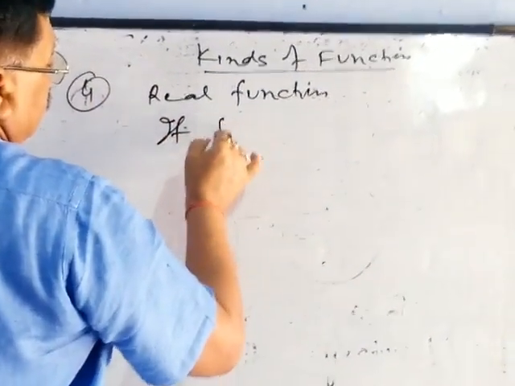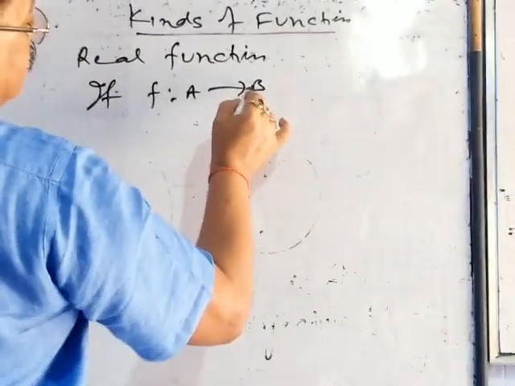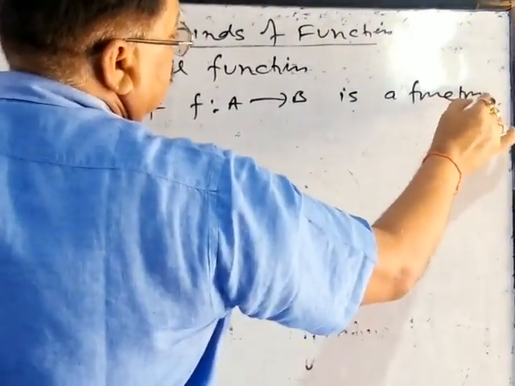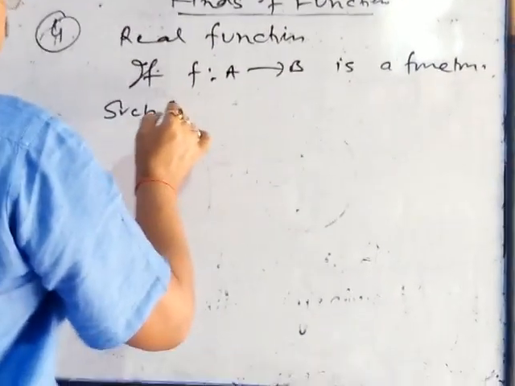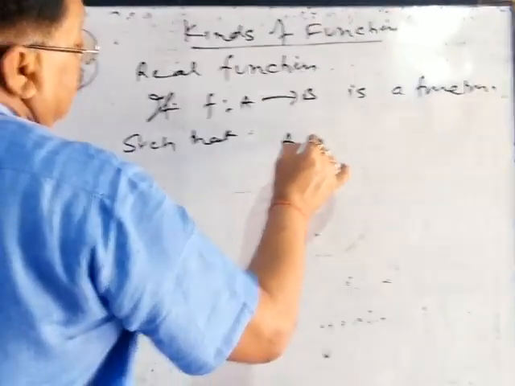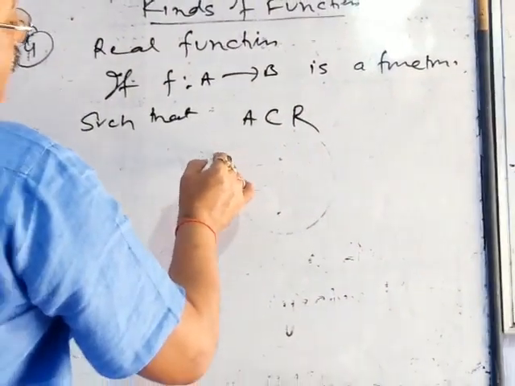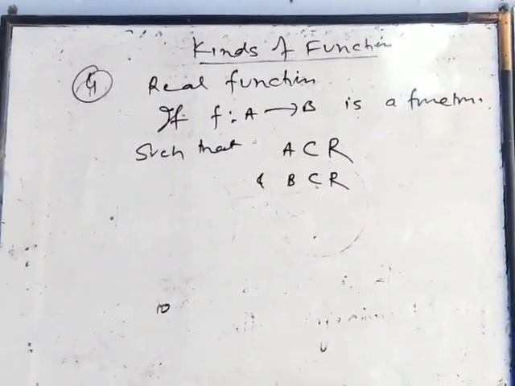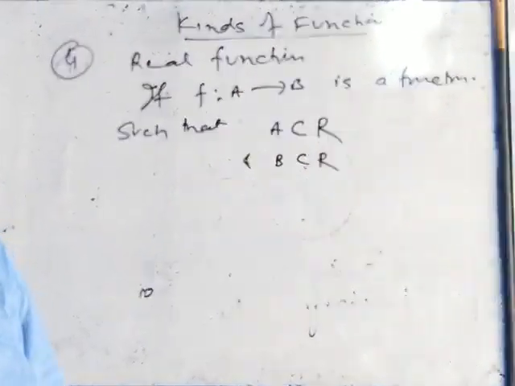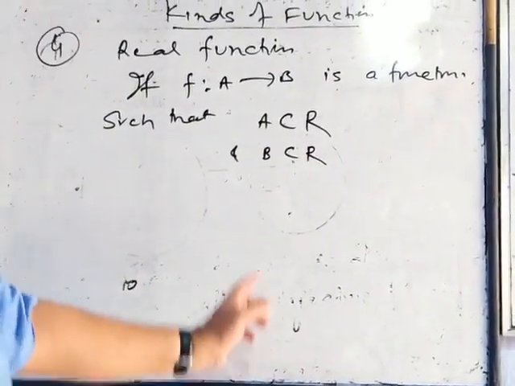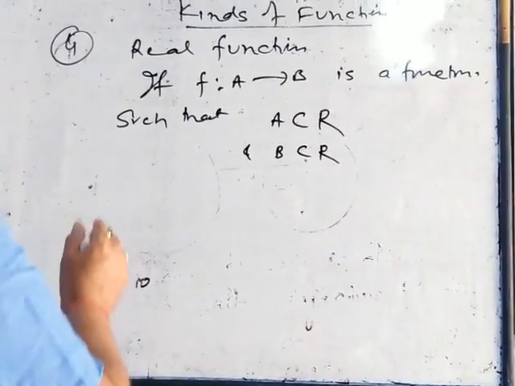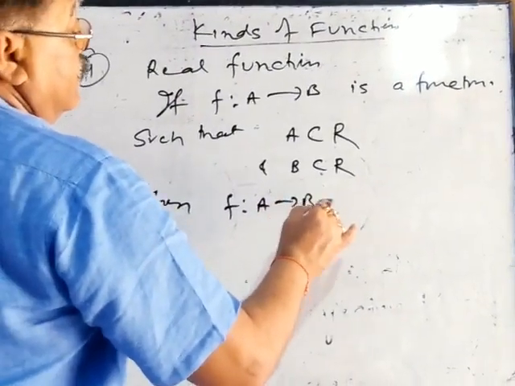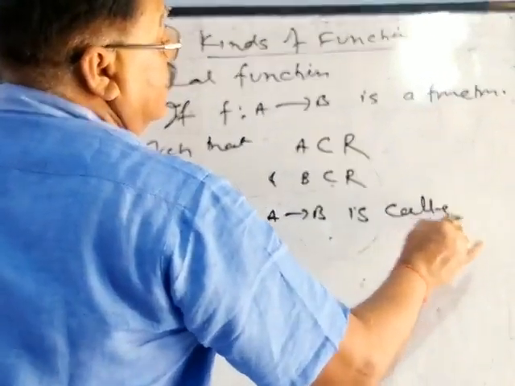If f: A to B is a function such that A is a subset of the real set and B is a subset of the real set, that is, if the domain and codomain of a function are subsets of the real set, then f: A to B is called a real function.